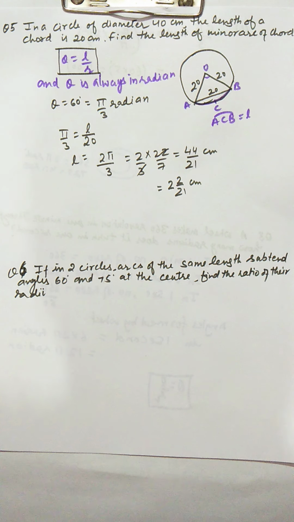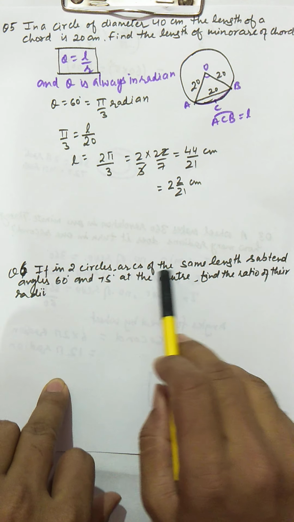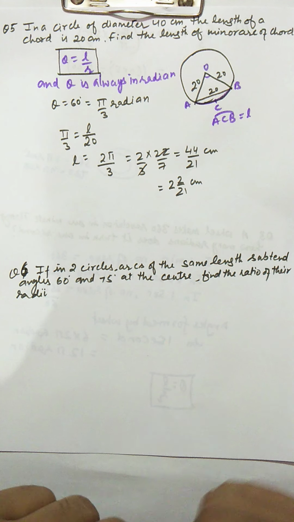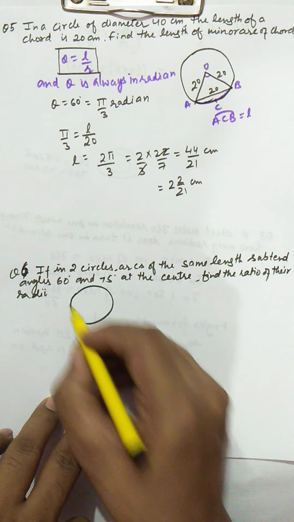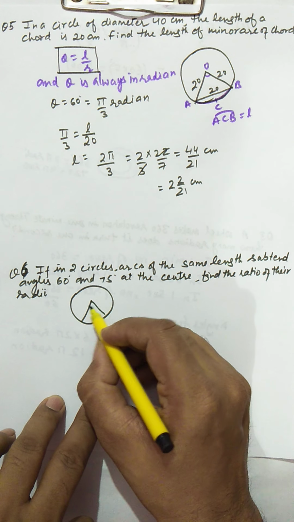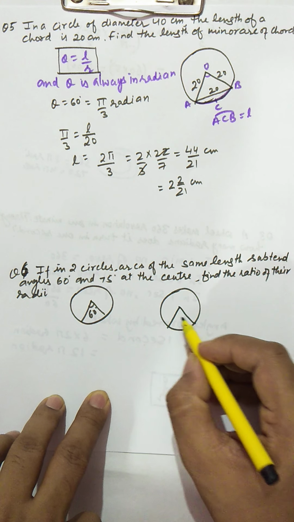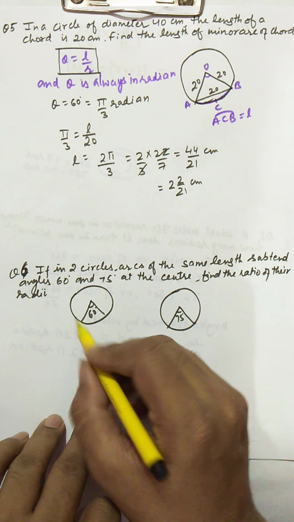Now come to question number 6. If in two circles, arcs of the same length subtend angles 60 degrees and 75 degrees at the center, it means there are two circles. The first one is making angle 60 degrees, the second one is 75 degrees.